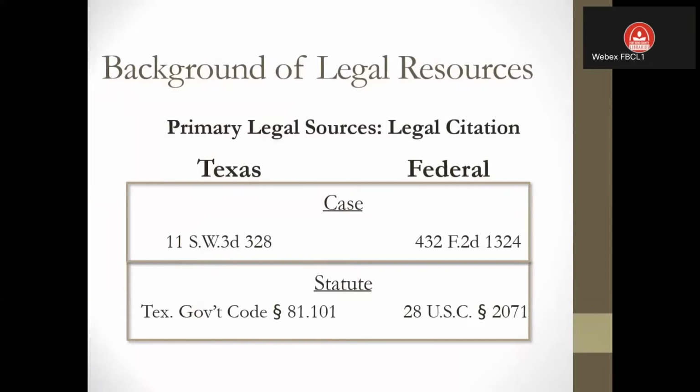For instance, if I'm looking at family law, I'm going to look in the Family Code, or even broader, it might be the Civil Practice and Remedies Code, which encompasses all civil law, because some codes govern all of civil law, including family. And then there are some specific things that are just under family.